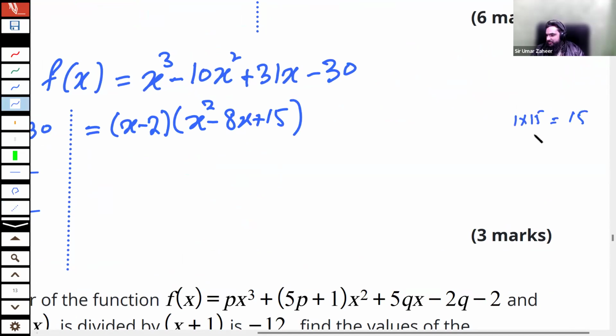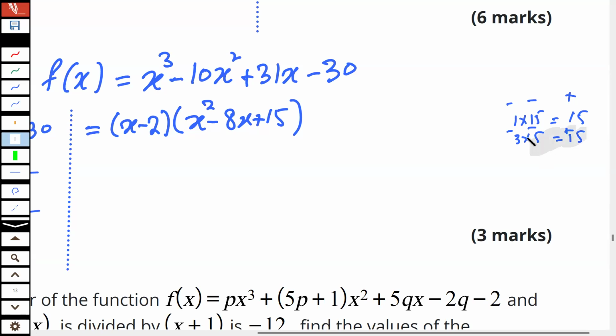Possible pairs are 1 into 15, 2 is not possible, 3 times 5 is 15. I need a positive answer. The middle value is negative, means both answers are negative. Which is the suitable pair? Minus 3, minus 5, because if you add them, it will be minus 8, and if you multiply them, it will be 15.